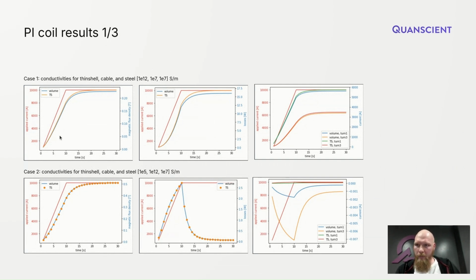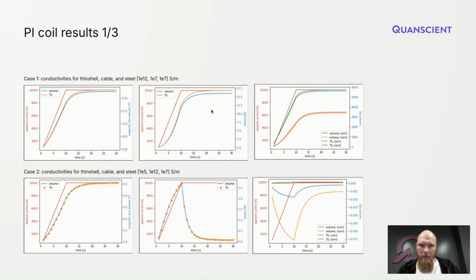And on the leftmost figure, you can see the magnet field dynamics during ramp up. The red curve is always the applied current, and we can see that there's a delay in the magnet field rise up.